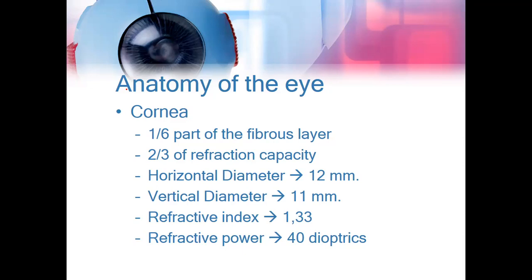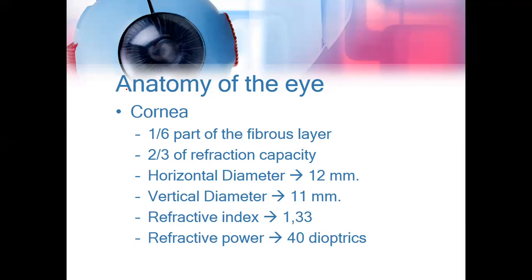So the cornea works as a convex lens, which focuses the light beam in the direction of the pupil. It deflects the light beams to make them go through the pupil, okay?